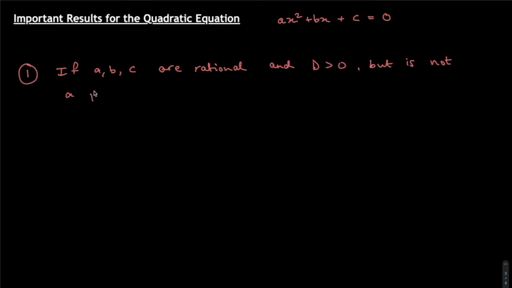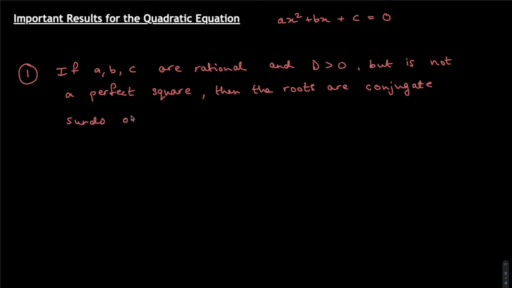If it is not a perfect square, then the roots are conjugate surds of each other.